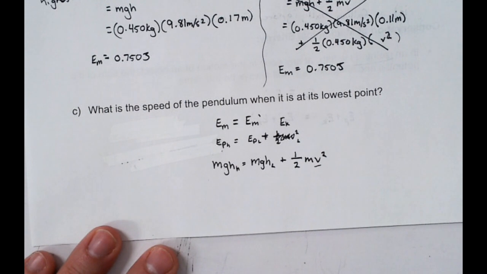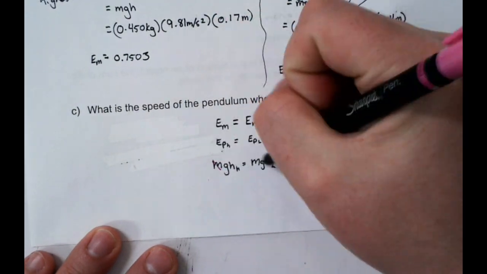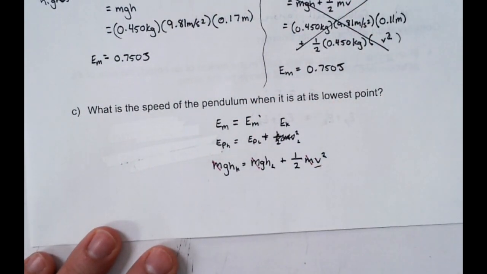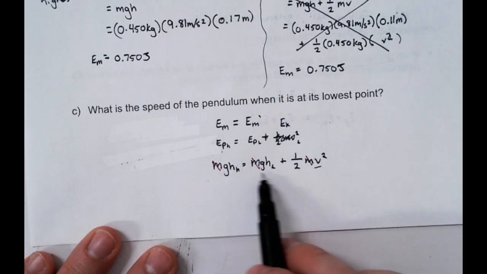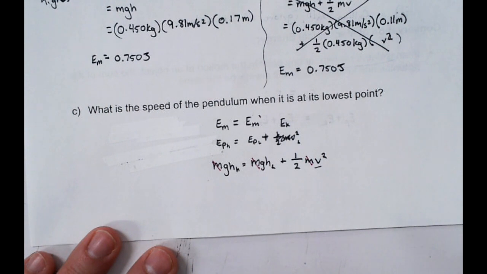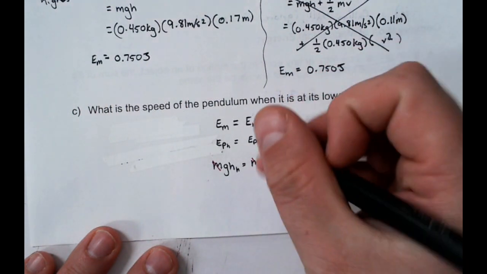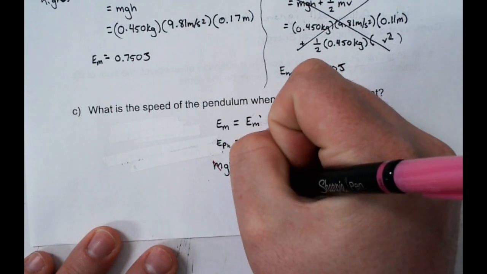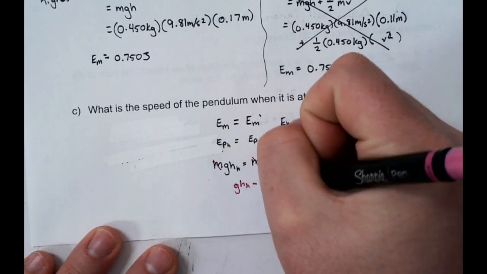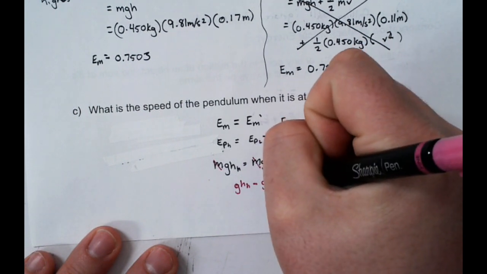Since we have mass in all of the terms, we can go ahead and cancel out mass. Now we're left with all of this over here. We're going to subtract from both sides, and that's going to leave us with gh at its highest minus gh at its lowest.